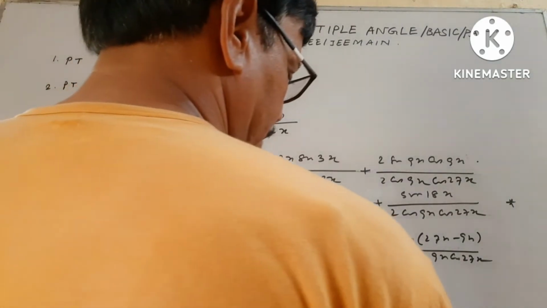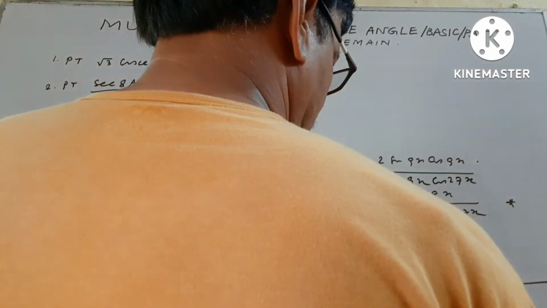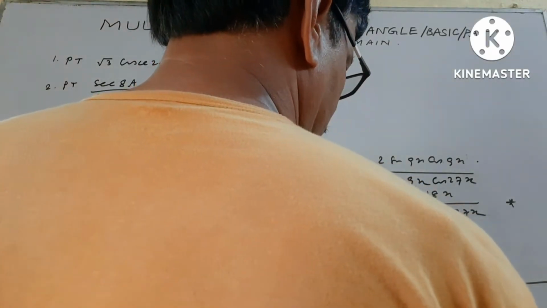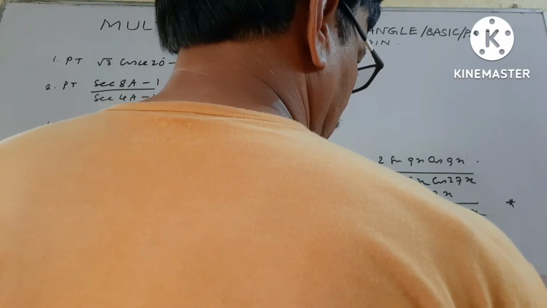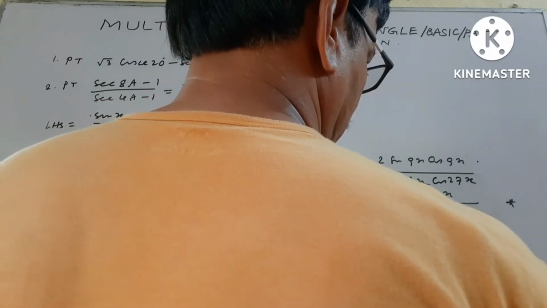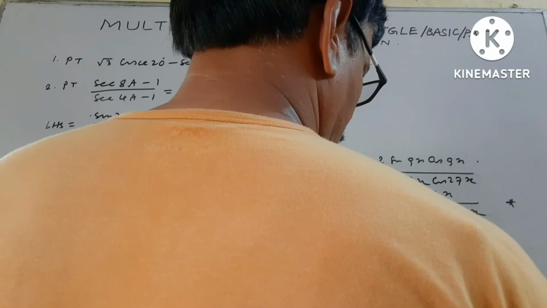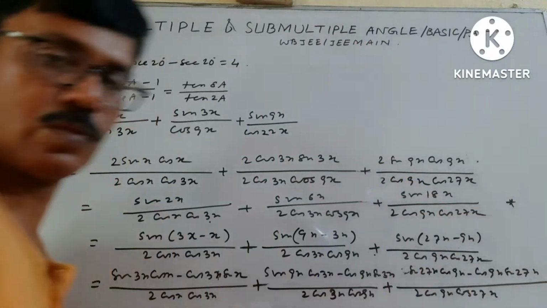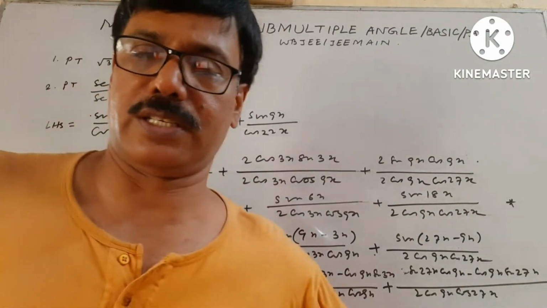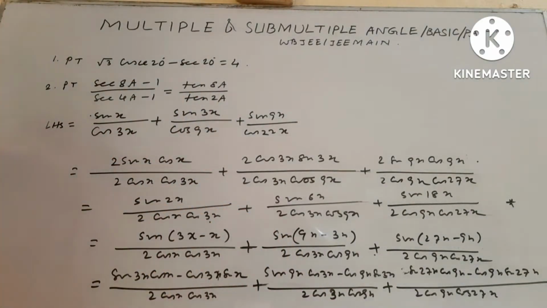And finally, sin 27x cos 9x minus cos 27x sin 9x, by 2 cos 9x cos 27x. So up to this. Now the last step.